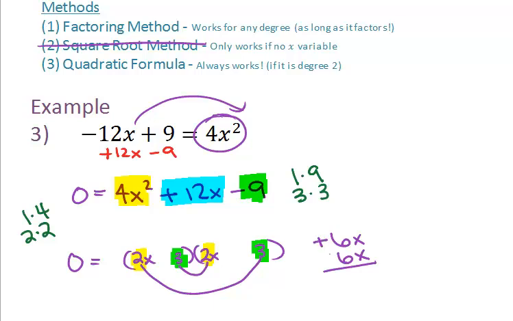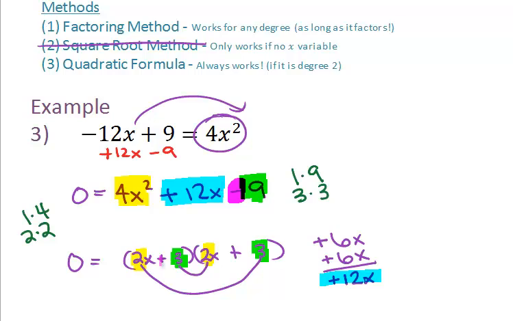So if I have a positive 6x plus 6x, that does give me my positive 12x that I'm looking for in the middle. So I put my positives where they need to go. So I have a positive here and a positive here. However, if I look at this a little more closely, I see that this actually does not work out because I need a negative here.